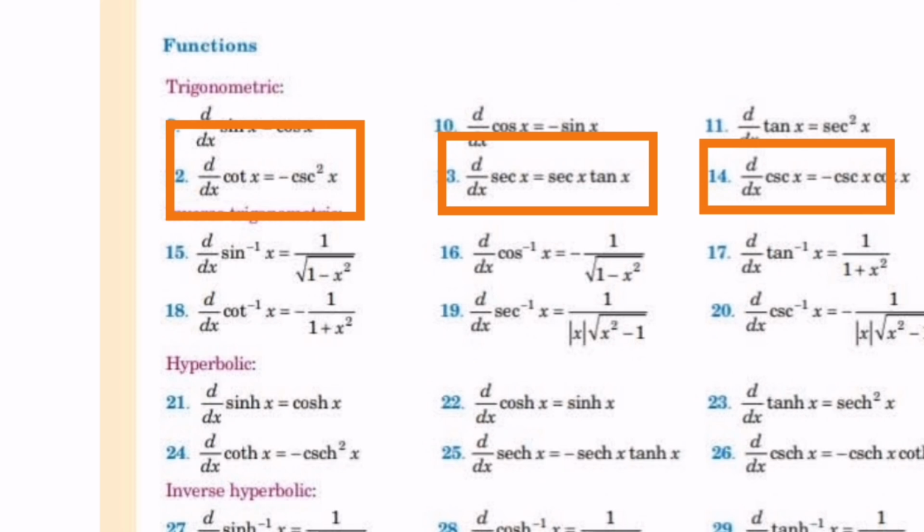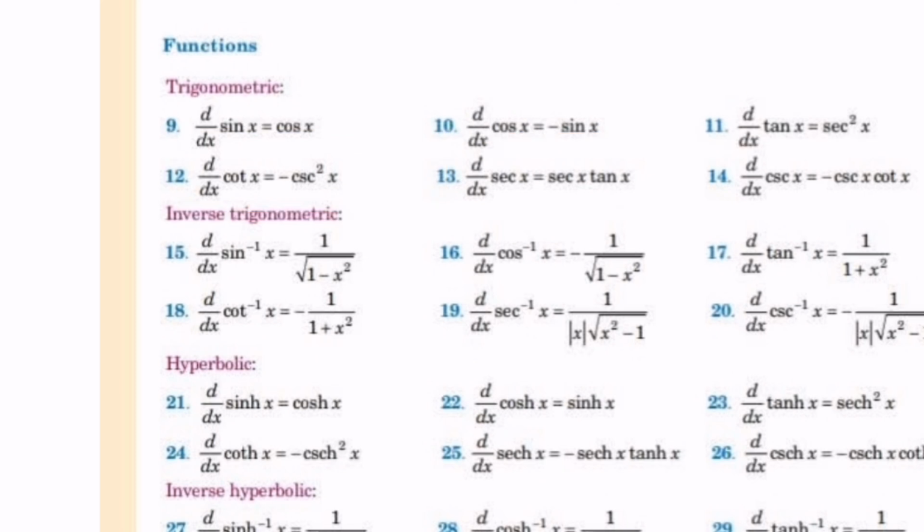Now derivative of inverse trigonometric functions. Derivative of sine inverse x is equal to 1 over square root 1 minus x square. Derivative of cos inverse x is equal to minus 1 over square root 1 minus x square.